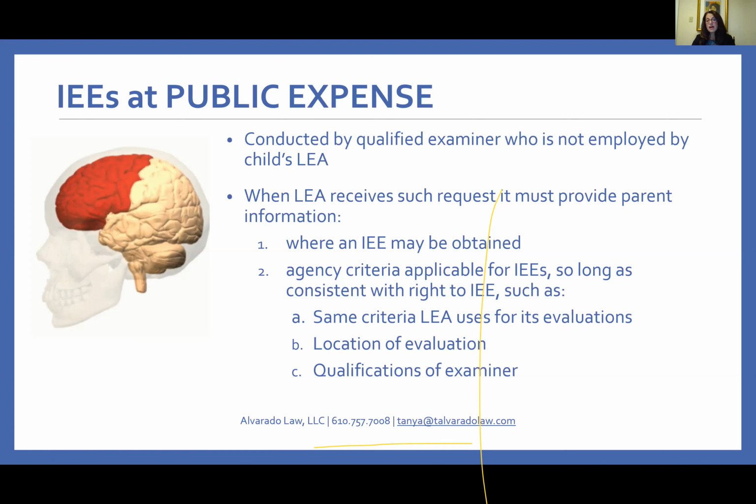Oftentimes the independent evaluators can evaluate in their own office, but they have to do a classroom-based observation as part of their evaluation. A lot of them begin testing since they're visiting the school anyway to do the classroom observation. They also begin testing that day in a quiet room at the school building. Sometimes school districts agree to do that.